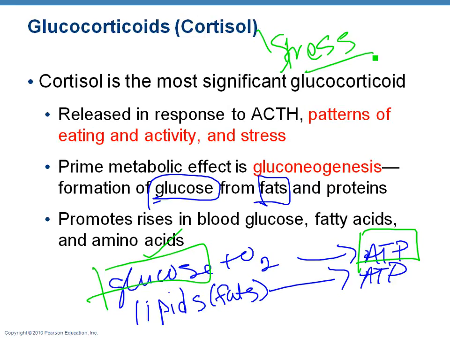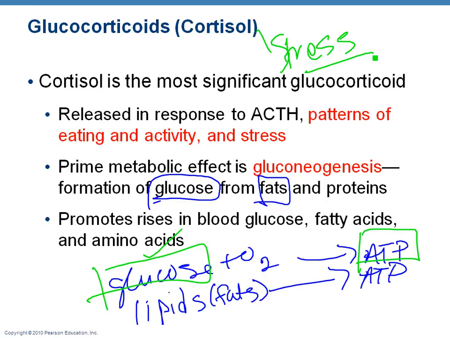Another thing that the book mentions that will come up again a little bit later when we talk about reproduction is that this gluconeogenesis is really good because you want to conserve your glucose levels for your brain. Your brain needs to metabolize pure glucose. Your neurons like glucose better than they like lipids to turn into glucose. We don't have all the same processes.